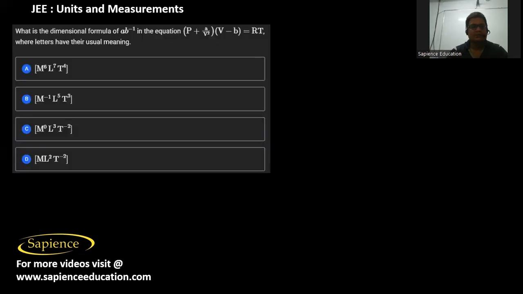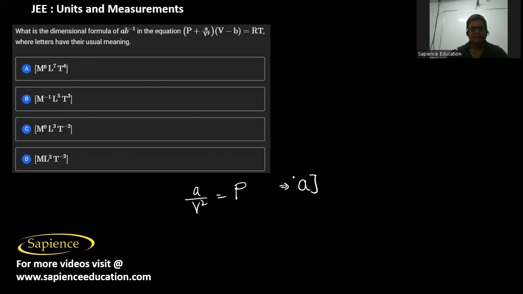Here it is told, what is the dimensional formula for AB power minus 1 in the equation, where letters have their usual meaning. A into V square will have the dimensional formula for pressure.